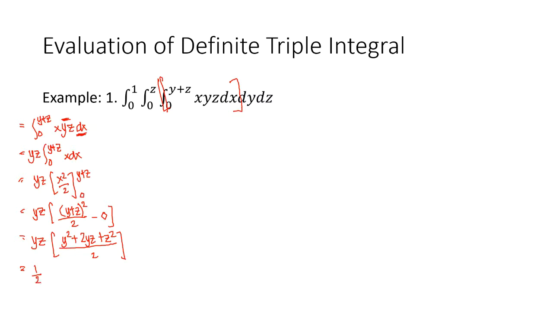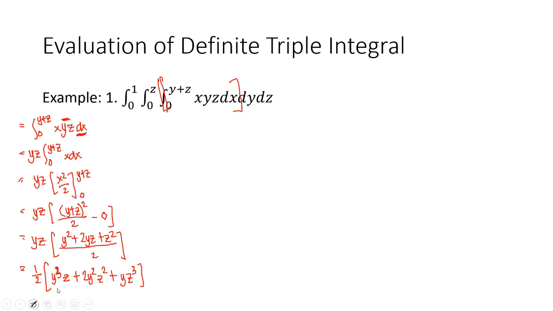We have yz times y squared, that is y cubed z, plus yz times 2yz, we have 2y squared z squared, plus yz times z squared is yz cubed. Okay, so we have now simplified our result for the first integration.